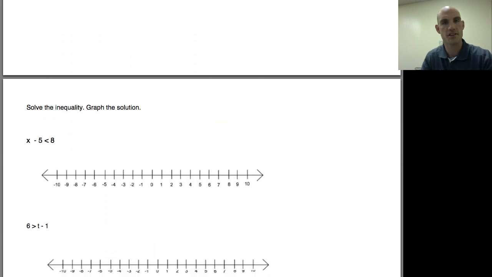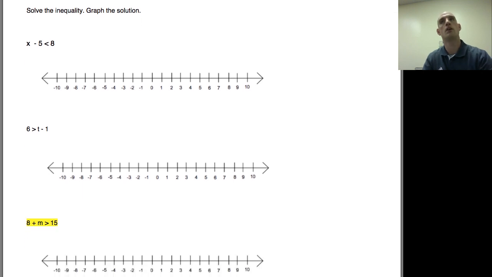Down at the bottom here, this is what our actual lesson is about today. Solving inequalities. Solving inequalities is exactly like solving equations, except we don't just have one solution, we have all of the numbers that it could possibly be.